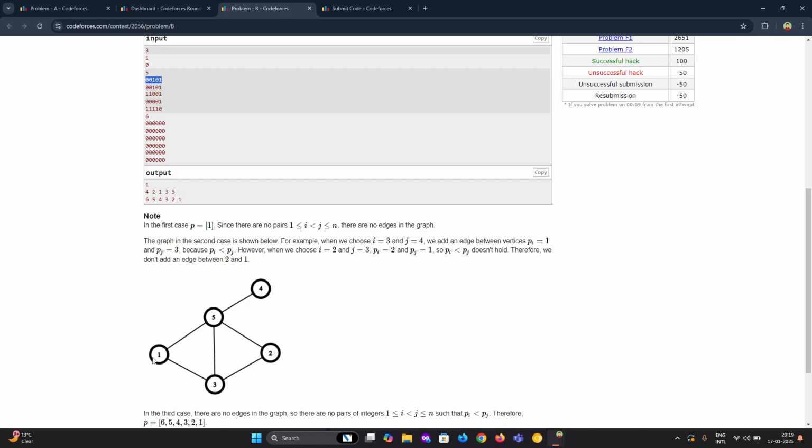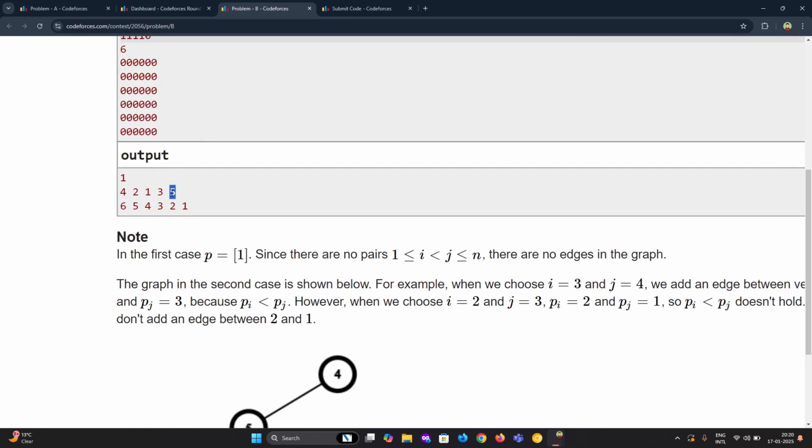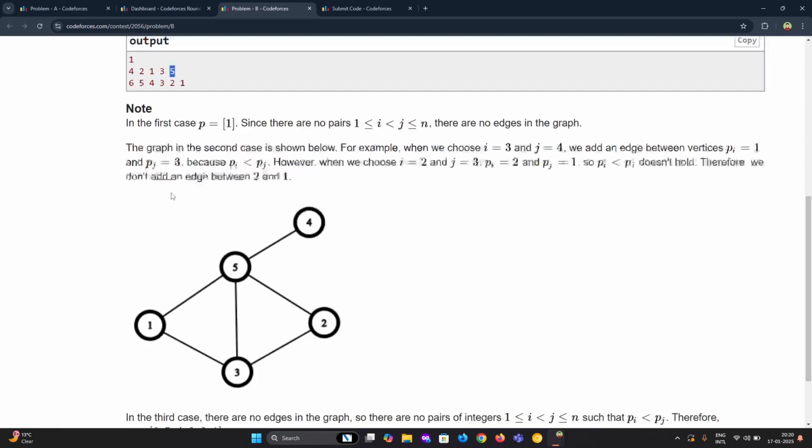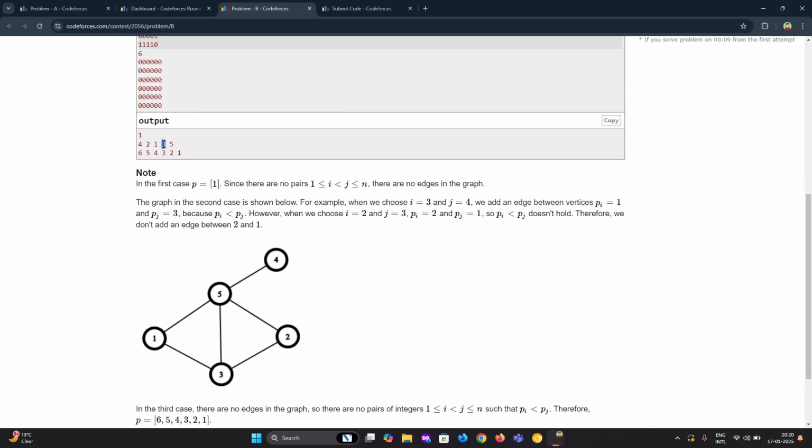Wait, 1 is after 2, okay. So 5 should be connected to everyone. 3, because it's at the last position, right? 3 is connected to how many? 1, 2, 3.